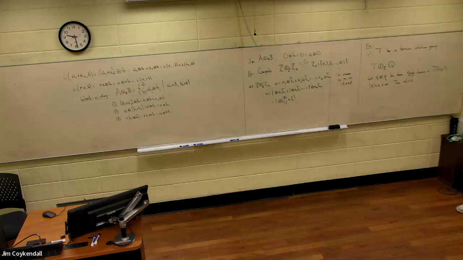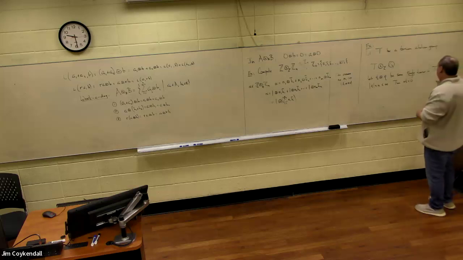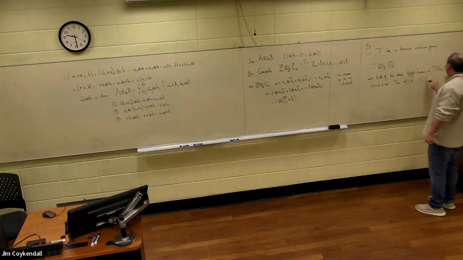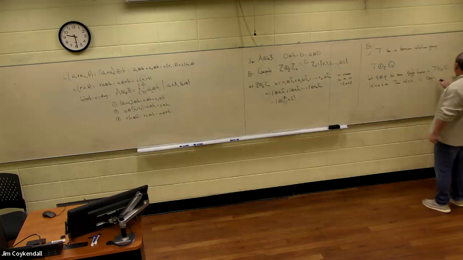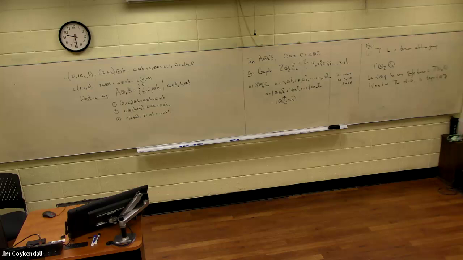Now watch. So, I feel so dirty doing this. T tensor Q is equal to T tensor... You gotta love them rational numbers.